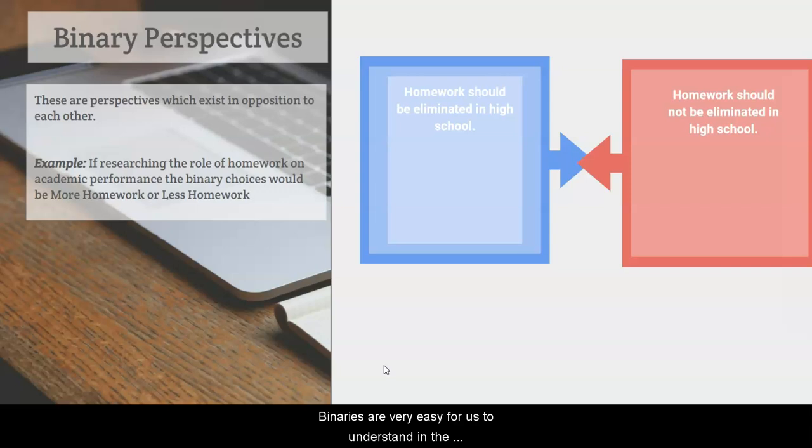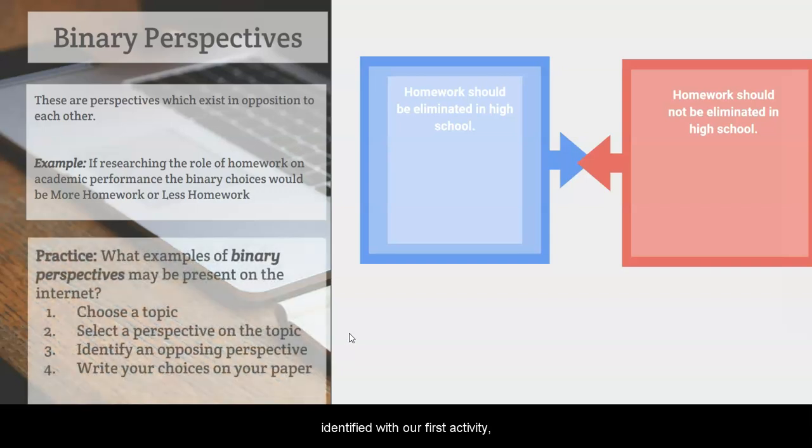Binaries are very easy for us to understand in the classroom and in the world around us. We get that I believe something to be true, somebody else believes the opposite. Those are binary perspectives.